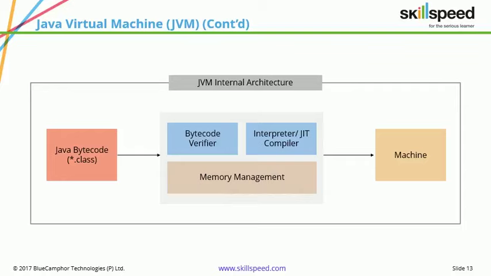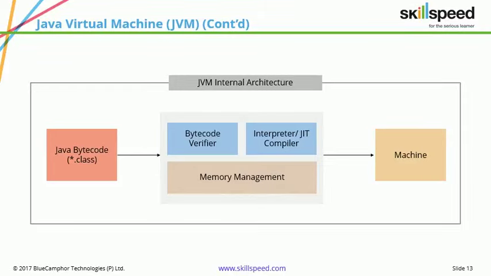From the bytecode verifier and through the interpreter, we have a direct link to the memory management, where it will check how many objects are being used, what are being used, and whether it can scrap anything during runtime. All the memory management and allocating memory will be taken care of by the memory management part of the compartment. From here, the bytecode, which is converted into machine understandable language, will go to the machine or the operating system, where it has to get executed.